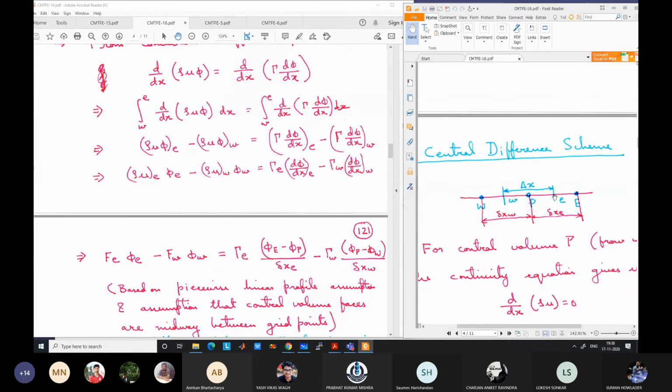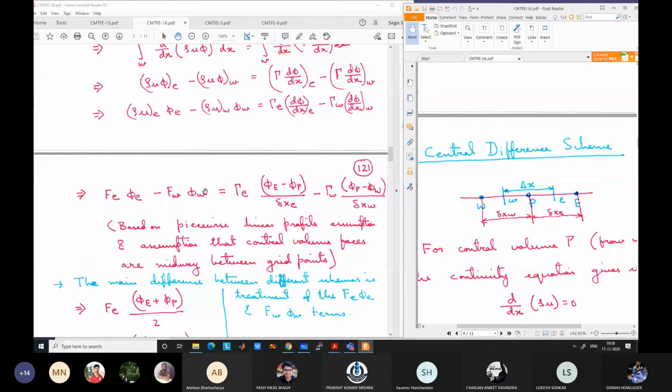So you have to use an interpolated value of density at this point based on the density at the grid points. So I can take a linear mean of density or whatever suits us. So rho p plus rho e by 2. And velocity I can take mean velocity if no other information is given, ue plus up by 2. Similarly up plus uw by 2 at this point, and we can find Fe and Fw. And then we can find the coefficients and pass them on to the solver.